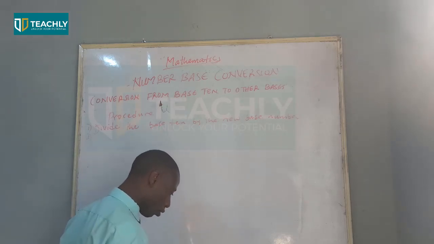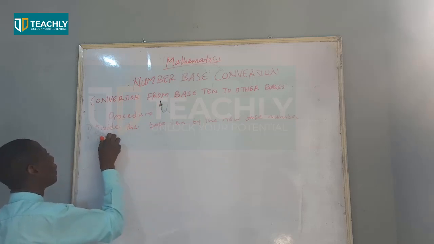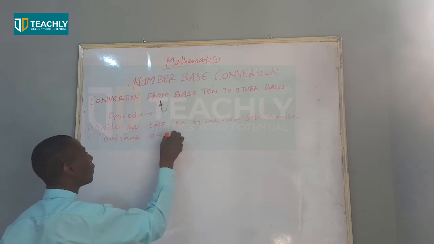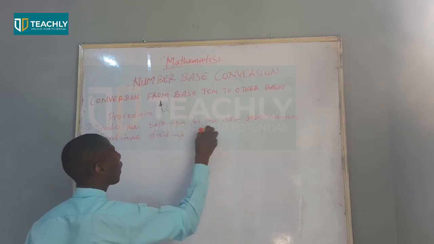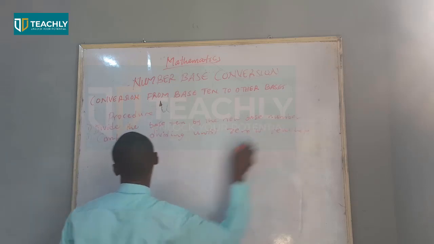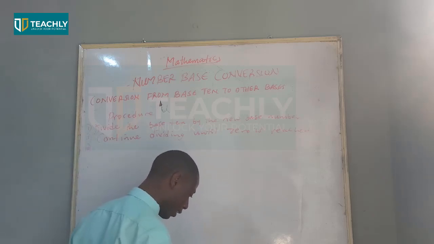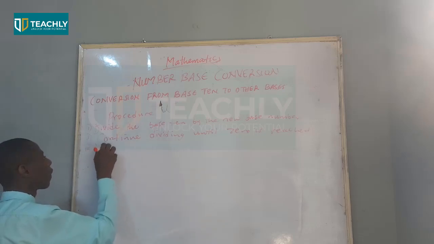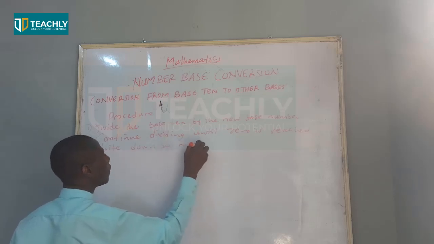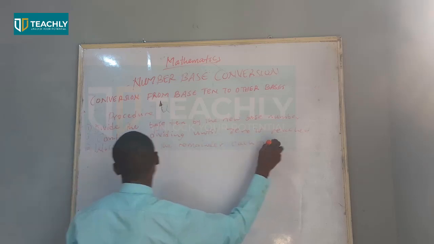Two. The next one is continue dividing until 0 is reached. Third, write down the remainder each time.